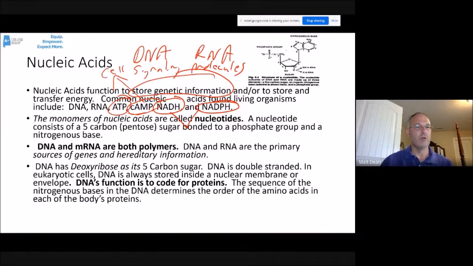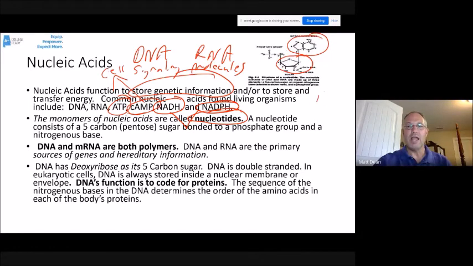Most nucleic acids are polymers, and they're made of monomers called nucleotides. A nucleotide is essentially made of a 5-carbon sugar, which we can see right here, a nitrogenous base or nitrogen-containing base, which we can see here. And you've heard of these nitrogenous bases in regular biology.